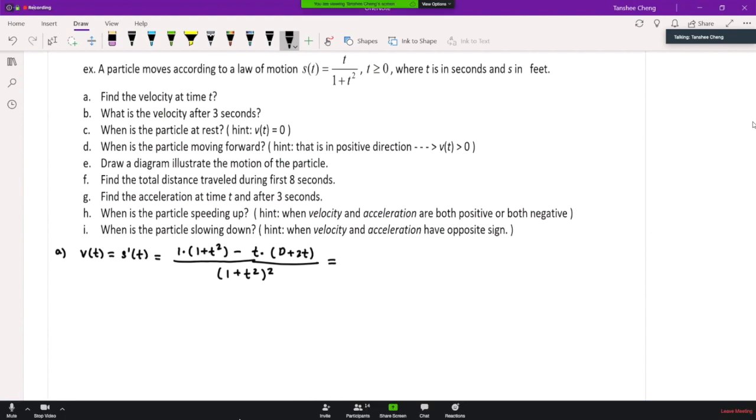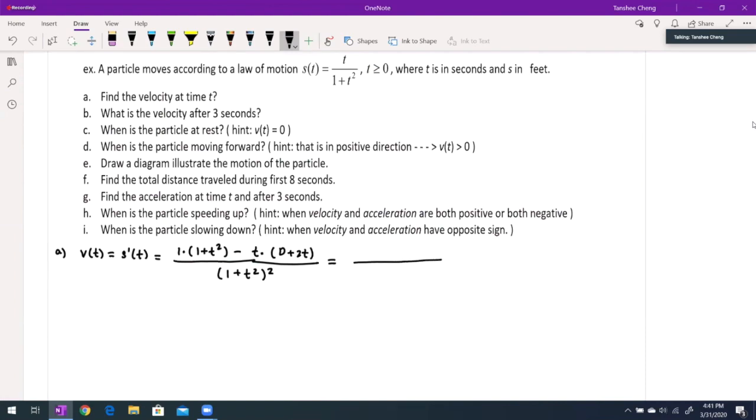Notice that in part G, I'm asking for the acceleration function, where I need to take another derivative. So when I simplify, distributing 1 and then distributing negative t, that will give me 1 minus t squared, all over 1 plus t squared, quantity squared.